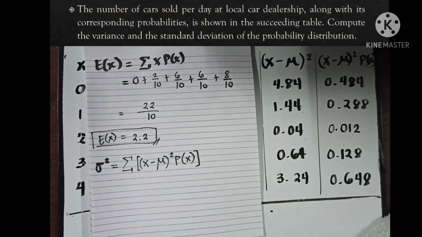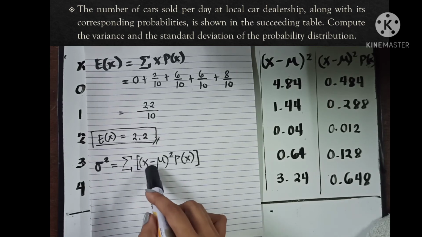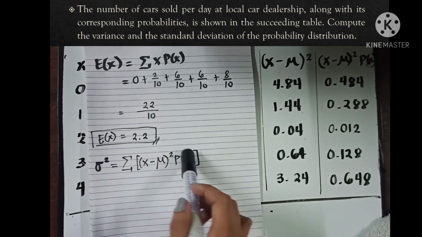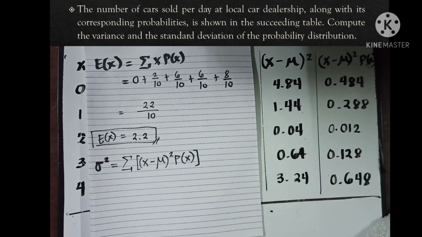Okay, so ngayon makukuha na natin yung value ni variance. Again, to solve for variance, the formula is sigma squared is equal to the summation of the product of x minus mu squared and p of x. So, i-add mo lang lahat, itong x minus mu squared multiply by p of x. Okay?